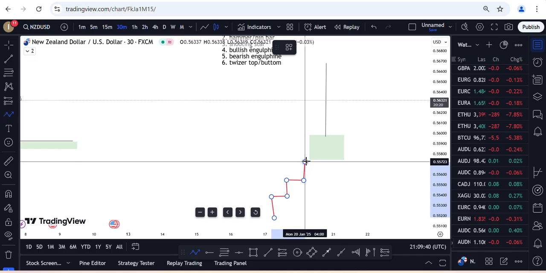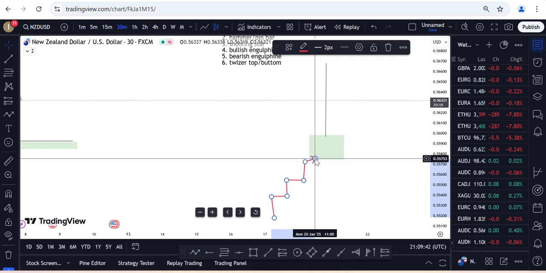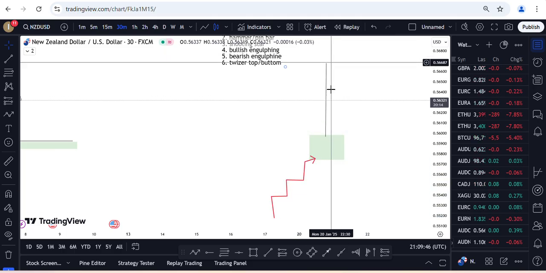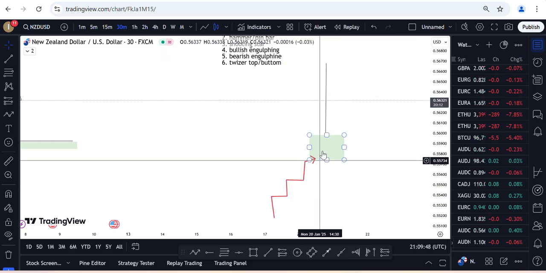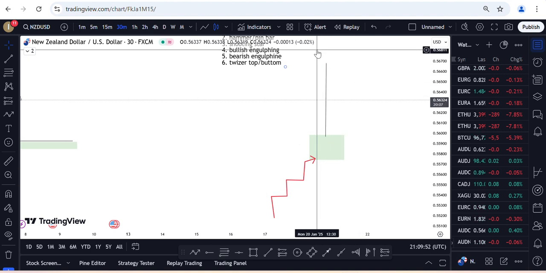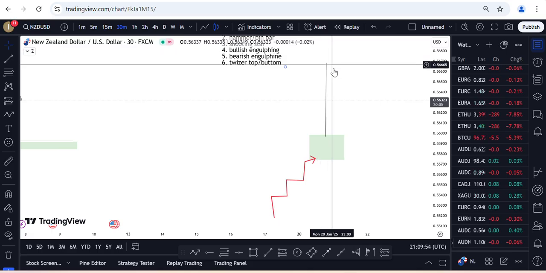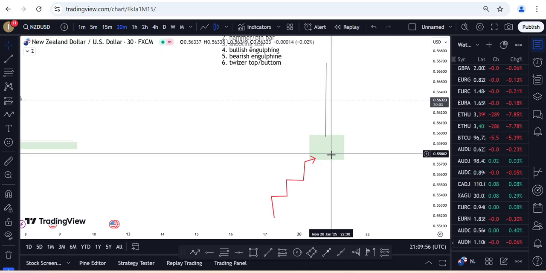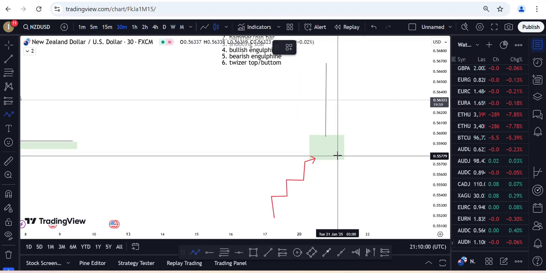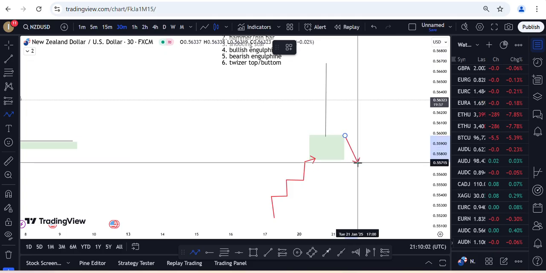But when it gets here and creates a pin bar like this, it means that this guy is tired of buying. This candlestick pushed all the way up, but the sellers pushed it back down, and then you can now see a movement like this to the downside.